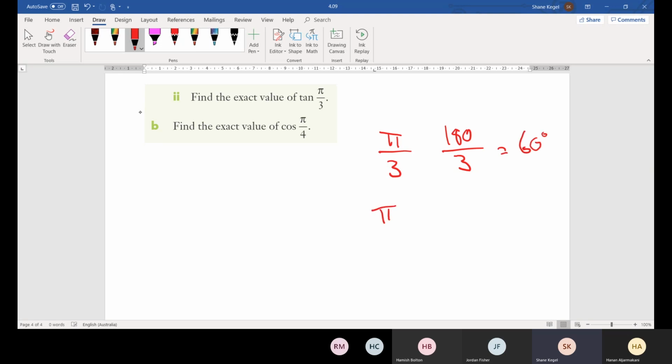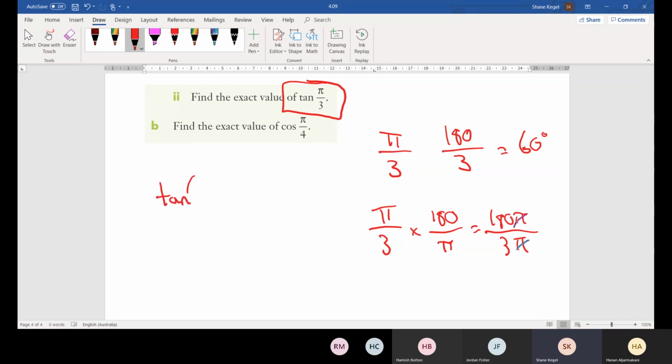Or what we were doing before, multiplying through by the fraction where degrees is on top. That gives me 180 pi on 3 pi. Obviously here, my pi's cancel out. 180 on 3 gives me my 60 degrees.